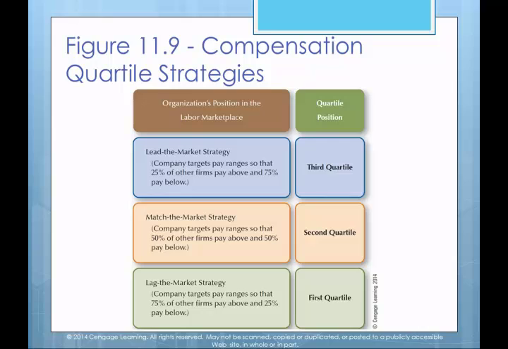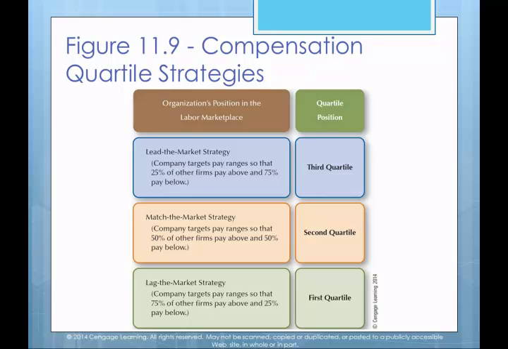All right, now compensation quartile strategies. This is the strategy you're going to have in your compensation, and you can also have it in your benefits. So are you going to lead the market, match the market, or lag the market? And you can do both. You can have different kinds of strategies for benefits.